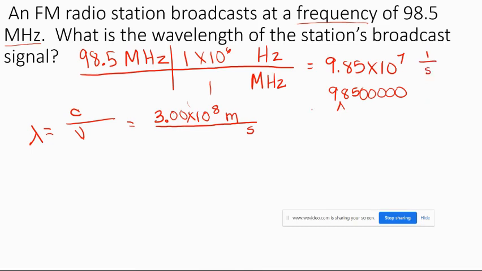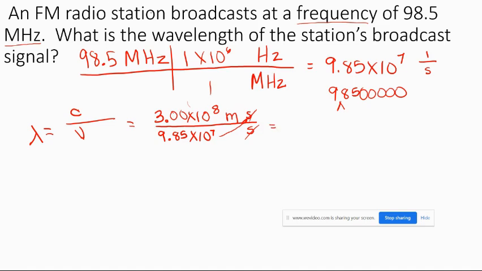One over seconds. Okay, so I'm going to put in 9.85 times 10 to the 7th, 1 over seconds. So that means this seconds is going to go on the opposite line. This seconds came from this number. Once I do that, these seconds cancel, and that leaves my answer in meters.